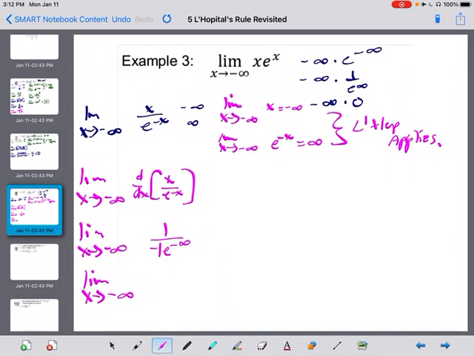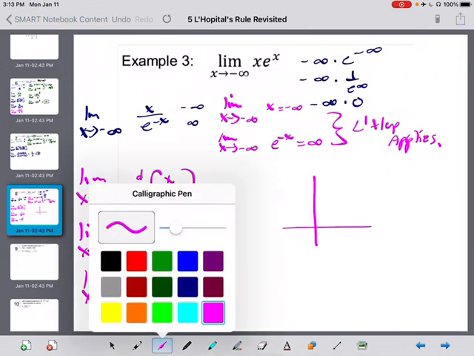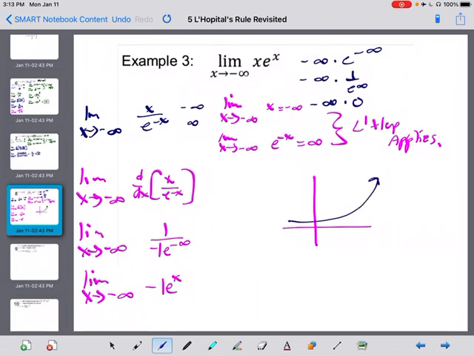This is going to be negative 1 over e to the x power, okay? So just keep in mind, if you need some kind of visual here, e to the x looks like this. And as you approach negative infinity, you should see that this is going to approach 0. So essentially, that is what it looks like.